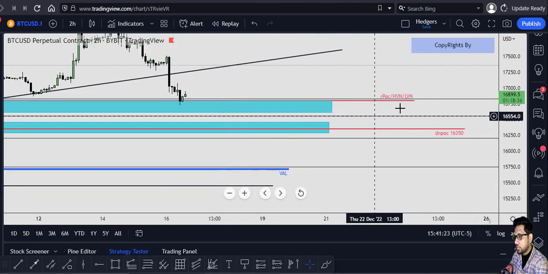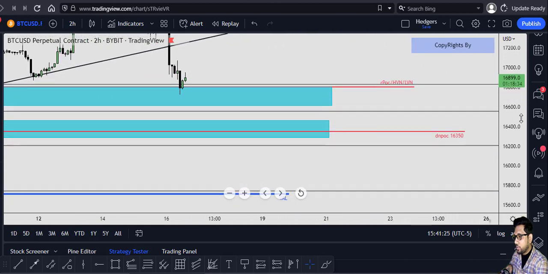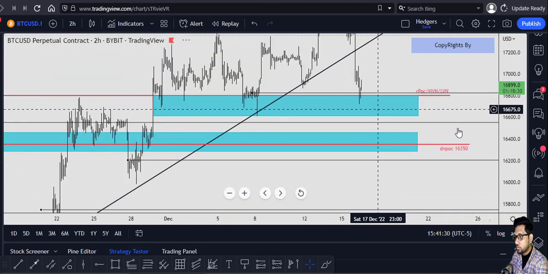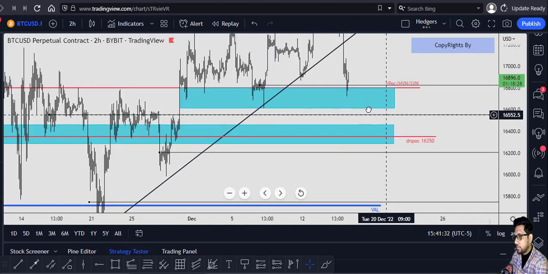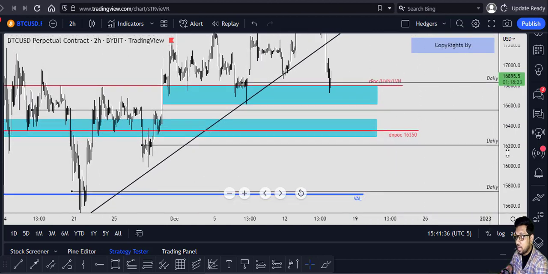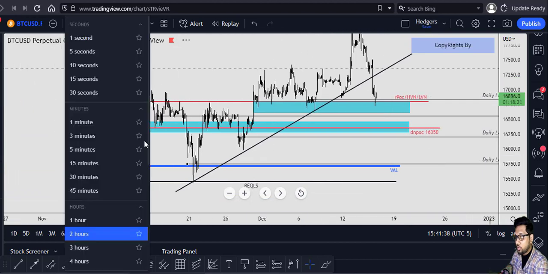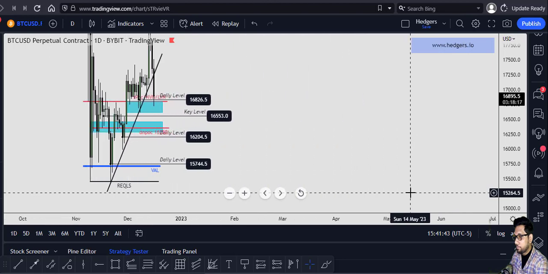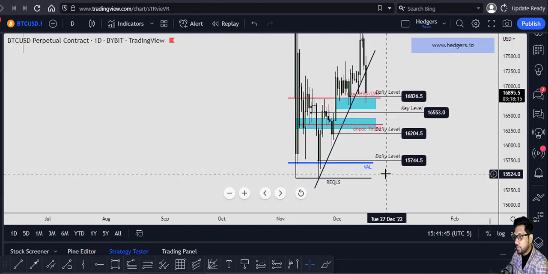As you can see, the range POC with high volume node and low volume node. Okay, DN POC, daily naked POC at 16,350. This is my last target for the support for Bitcoin.